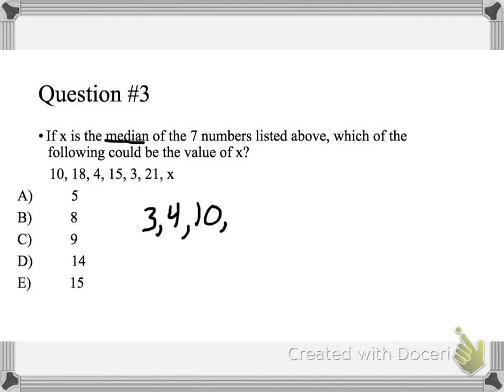X has to be my middle value, and then the 3 above it would go 15, 18, and 21. So for x to be our median, it's going to have to be in between 10 and 15, and the only value that we have that's in between 10 and 15 is 14. So 14 is going to be our median value.